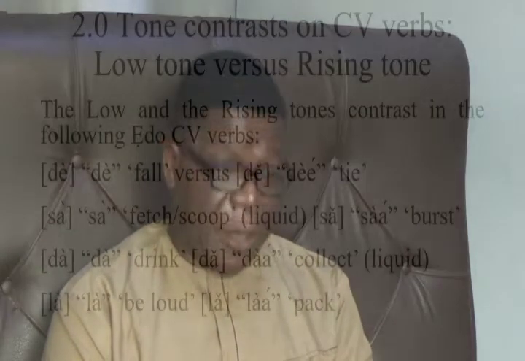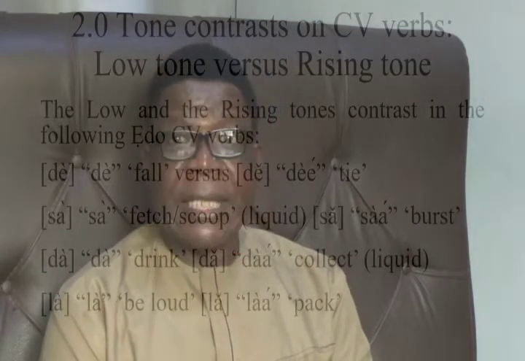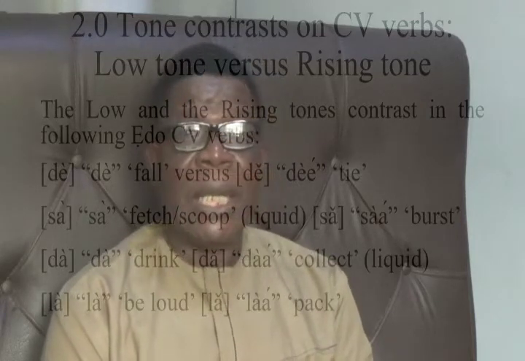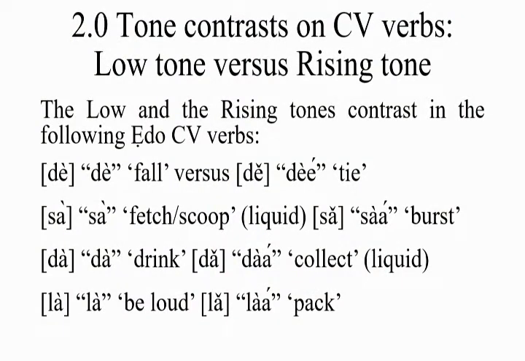Then tone contrast on Edo monosyllabic verbs. In this case, you have the contrast between the low tone and the rising tone, as we have it in the following examples. You have the contrast between one verb, which means fall, versus another, that is to tie. Tie a goat, for instance.